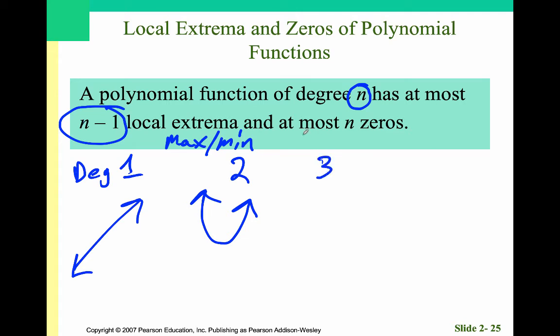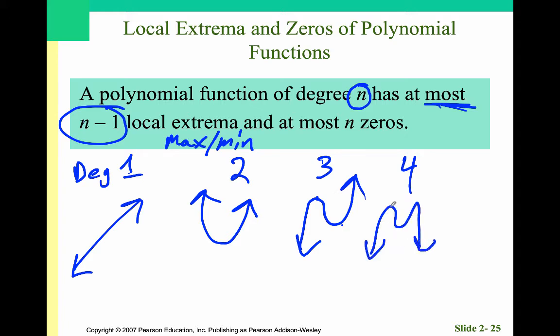Degree 3, and it's at most, so it's the maximum, because they can look a little bit funny. Degree 3 could have 2 humps and bumps. Degree 4 could have 3 humps and bumps.